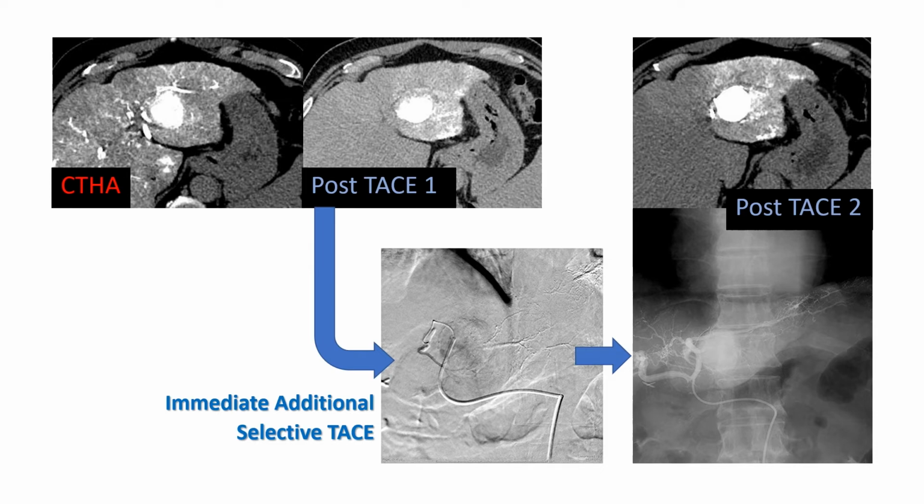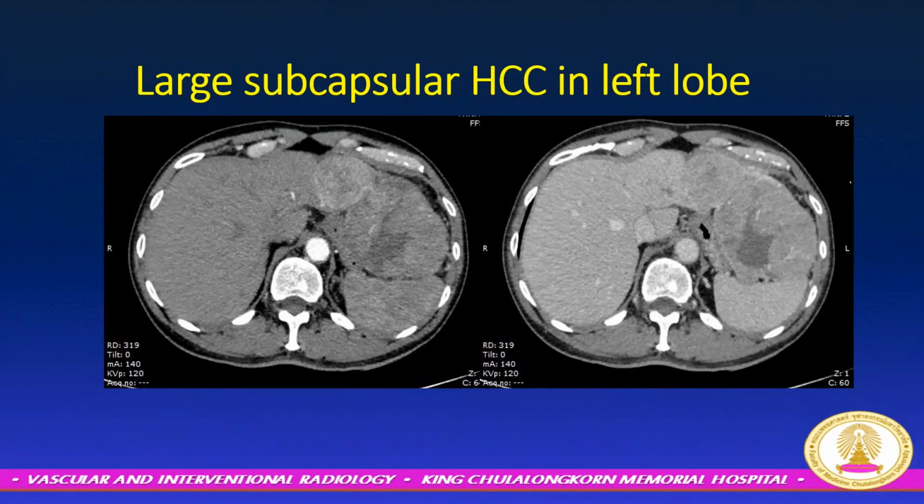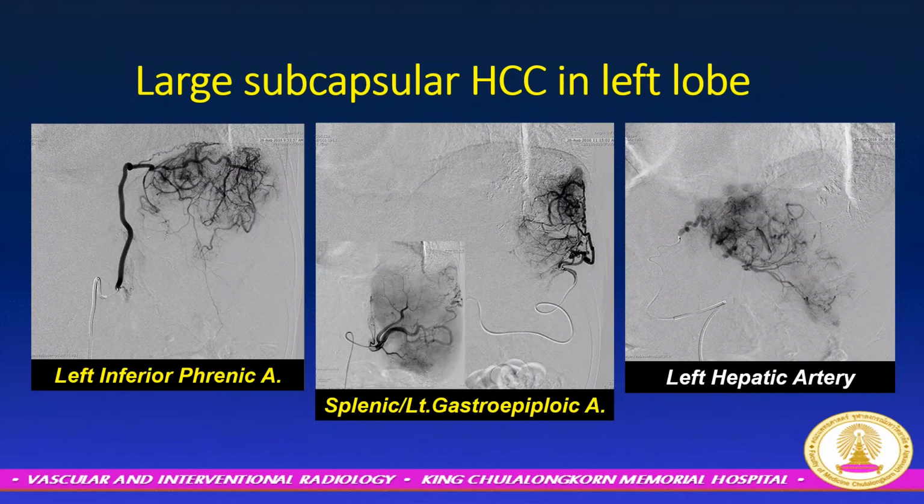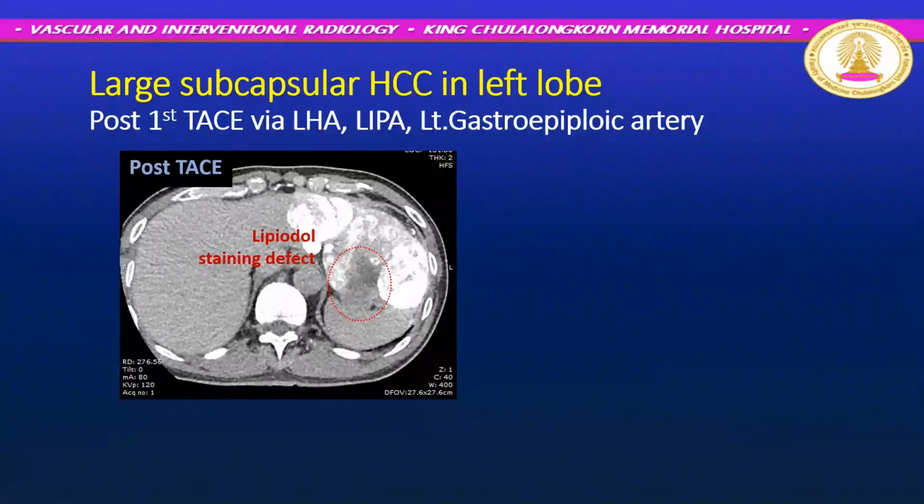This patient has a large multinodular tumor in the subcapsular region of the left lateral segment. Even though we performed aggressive embolization via extrahepatic collaterals of the left inferior phrenic artery, splenic artery, left gastroepiploic artery, and also the left hepatic artery, on the post-embolization CT scan there is still a small lipiodol staining defect at the posterior part of the tumor.